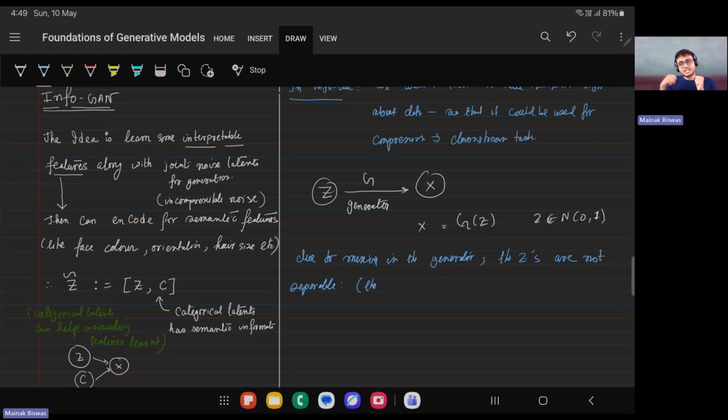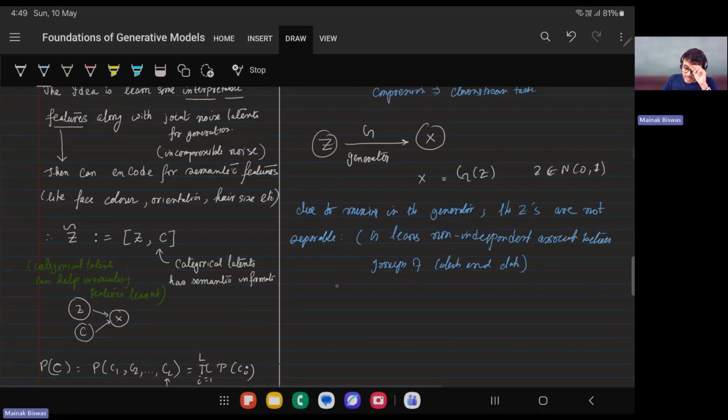Although you selected z to be normal 0, 1, sampled randomly, G learns non-independent associations between groups of latents and data.